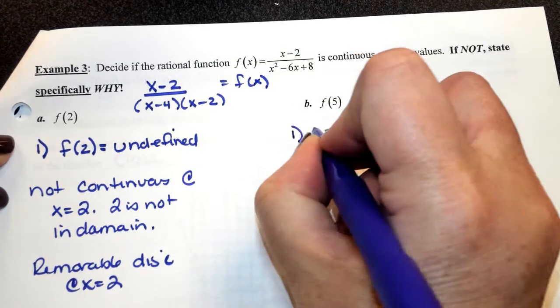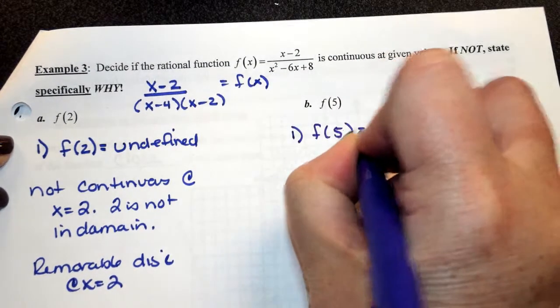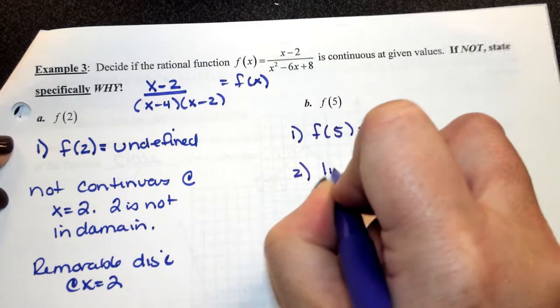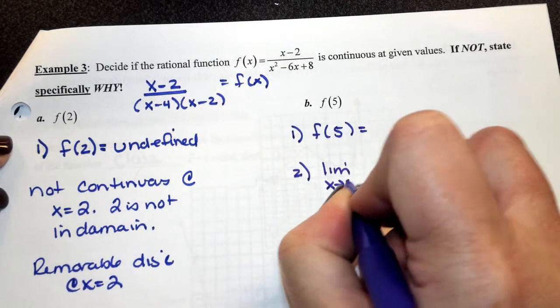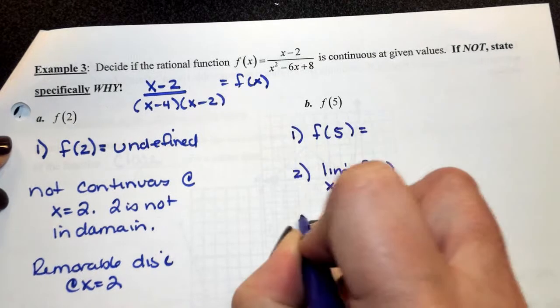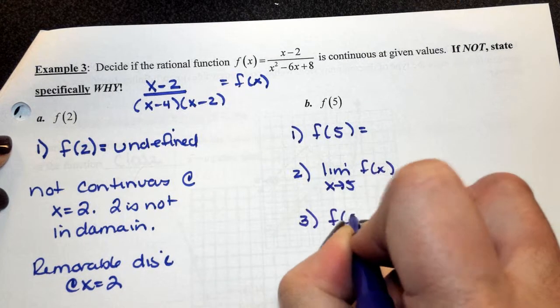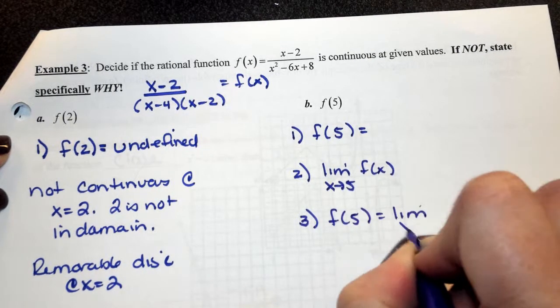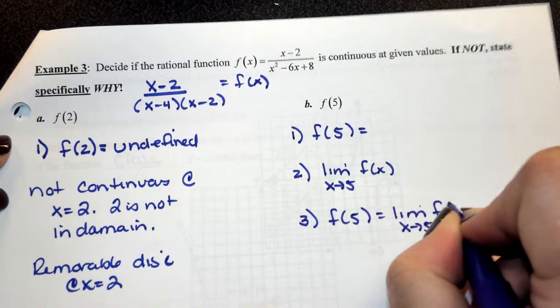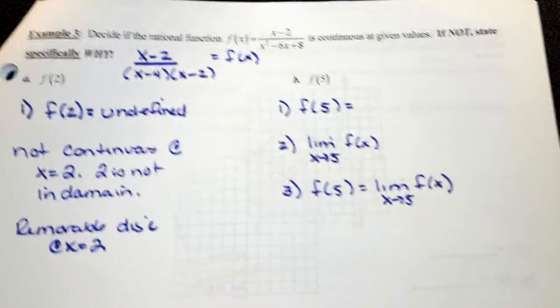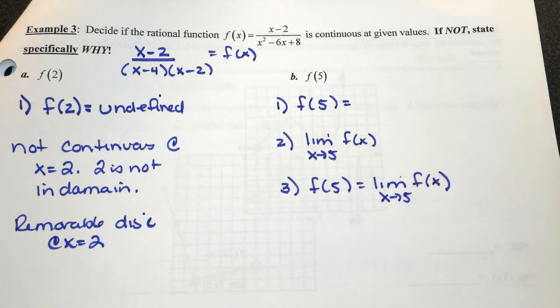Tell me what f of 5 is. Tell me what the limit as x approaches 5 is going to be. And then tell me if f of 5 is equal to the limit as x approaches 5. Again, if it fails any one of those three conditions, it is not continuous.